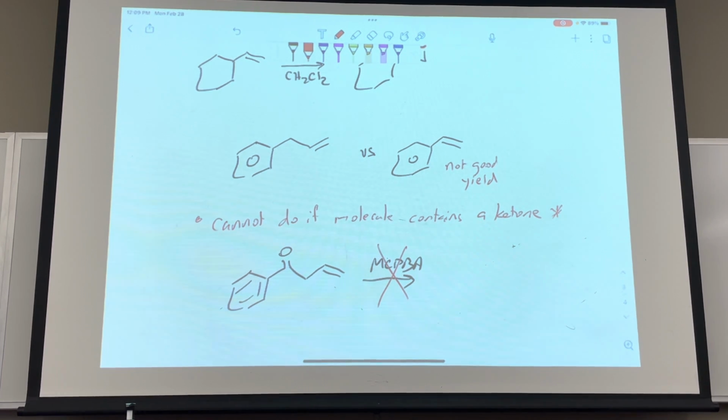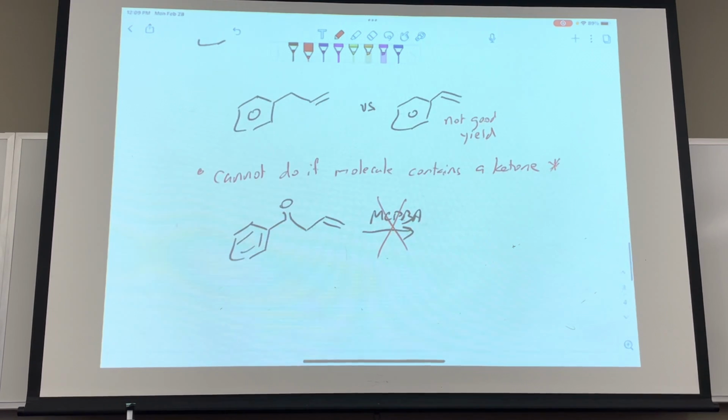You end up getting this interesting, weird rearrangement reaction known as the Baeyer-Villiger rearrangement. Just be aware that you cannot use MCPBA if you have a ketone in your molecule. All right?